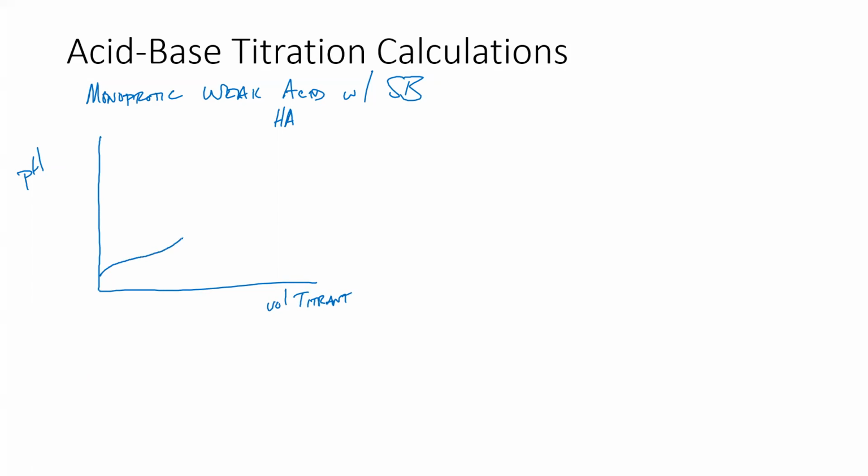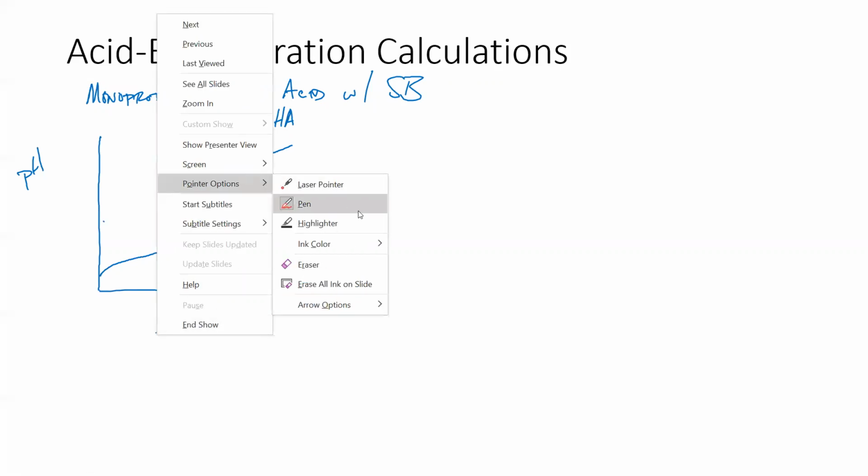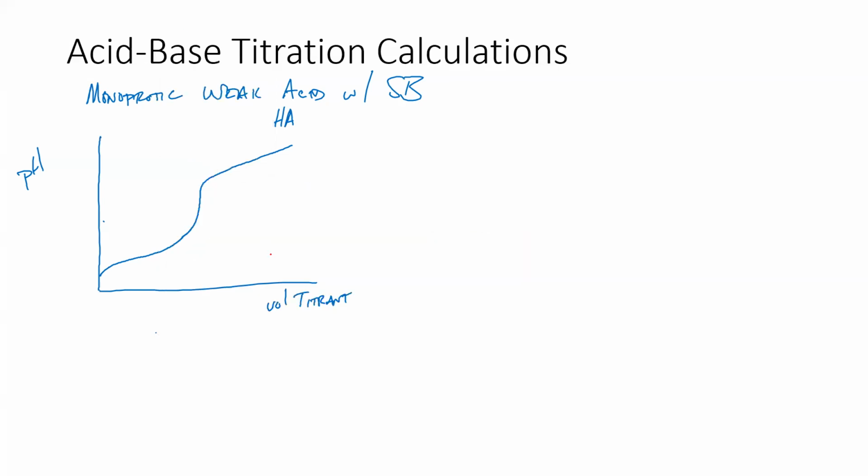The main difference is that that vertical region is much shorter. It's not quite as abrupt, not quite as sharp as you see in the strong acid, strong base. However, we still just have those four different regions, those four different types of calculations that we want to take into account.